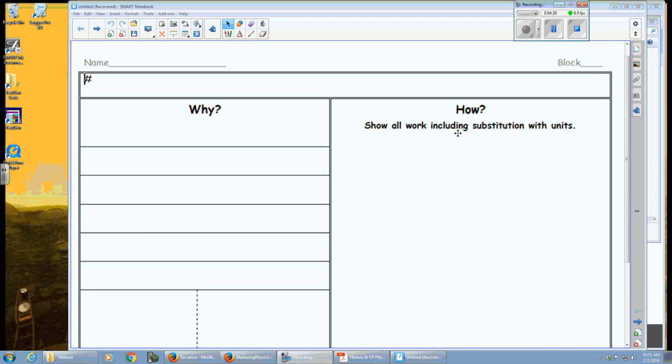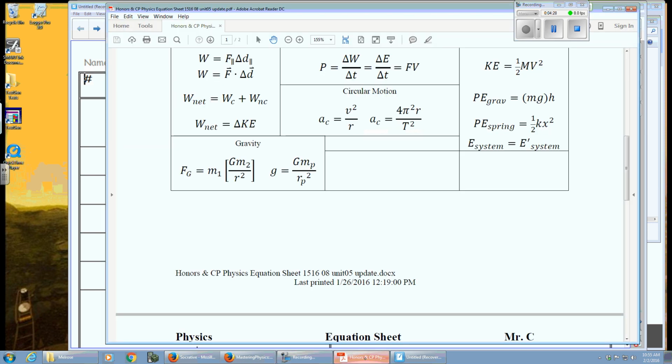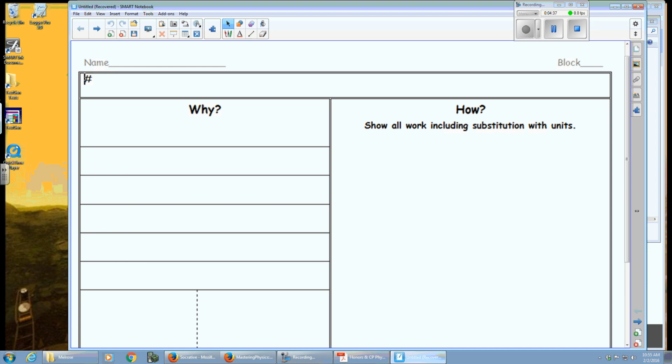All right, now that we've got things unfrozen, but we've lost our background, I'm going to use the equation g equals big G M_P over R_P squared. I'm just going to write that again rather than copying it. Remember that R refers to how far I am from the center of mass.